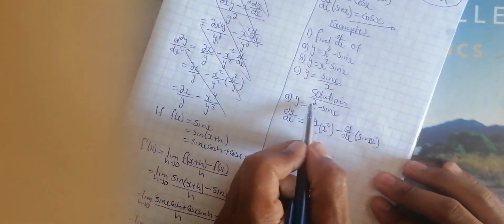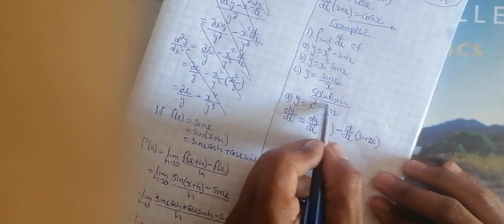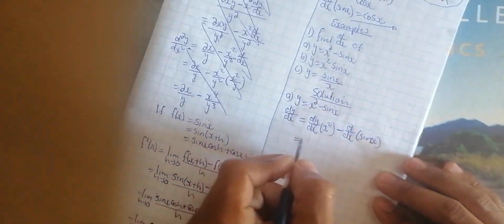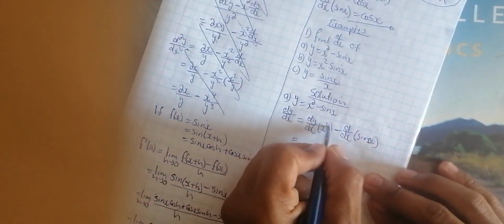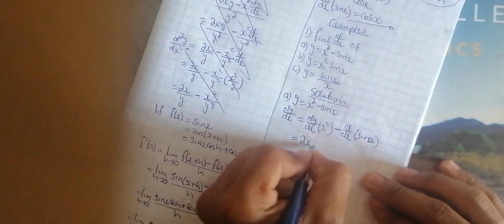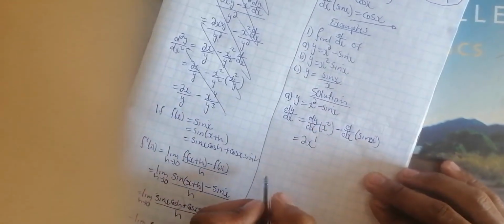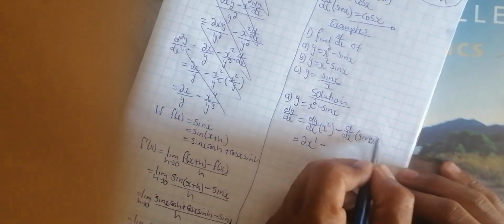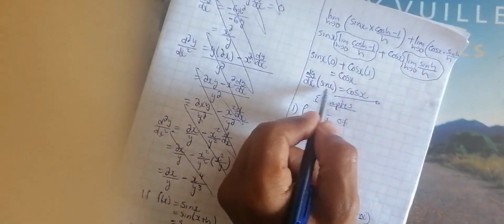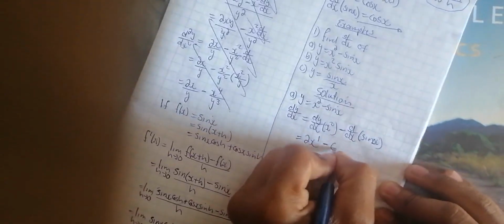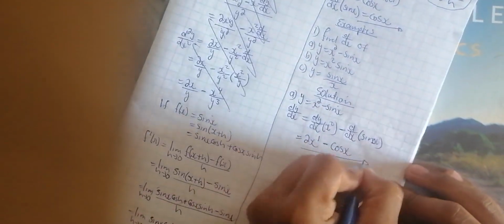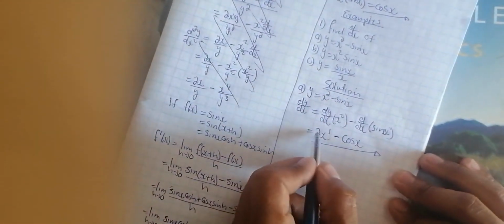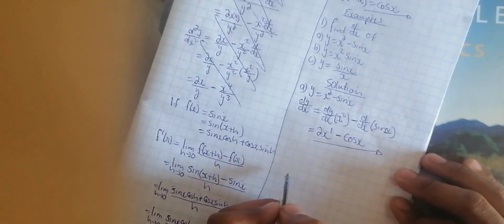The first one is continuous everywhere, and this is also continuous, therefore it is differentiable. Therefore we can say, remember, when we differentiate this, we bring down 2, we write down the base, we subtract 1, and we get 2x, minus, we have just proved that the derivative of sine x is equal to cos x, and we are done. So the derivative of x squared minus sine x is 2x minus cos x.